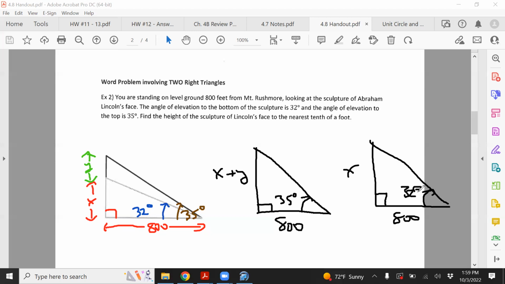Okay, let's talk about what I just did. So you need to label the diagram correctly.